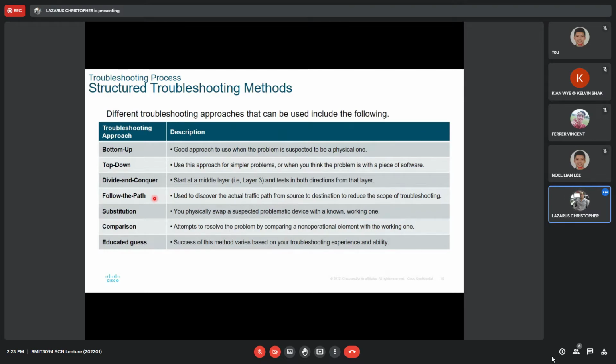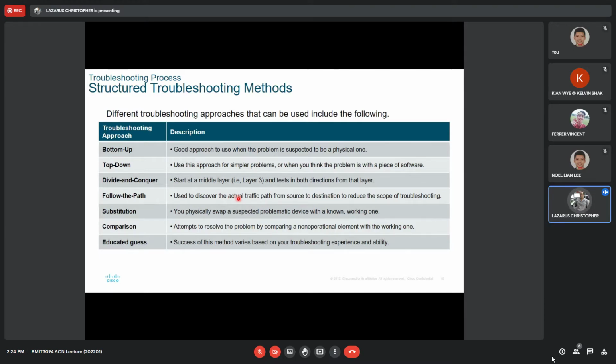Follow the path, you follow the traffic from source to destination, right? Let's say the traffic is IP, so you use ping. You ping the nearest gateway, right? If you think it's a layer 2 frame problem, then you check whether you can go into, let's say you're using a Cisco switch, whether you can ping the Cisco switch.